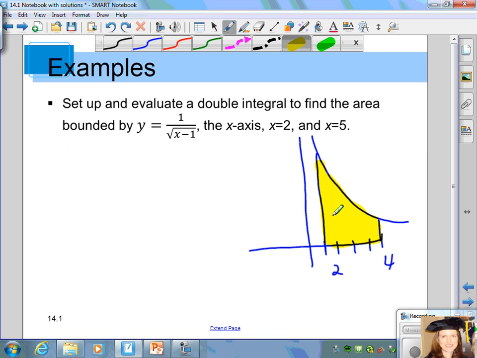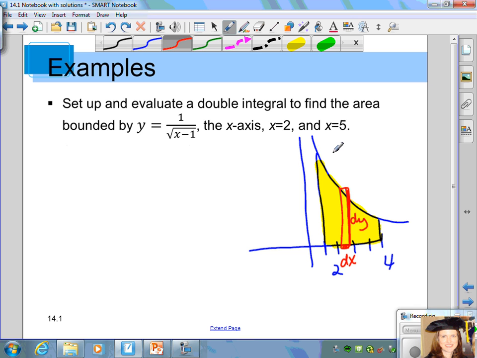So the line x equals 2, the line x equals 5, the x-axis and that curve bound this region here. Now this region is vertically simple, so I'm going to draw a vertical rectangle on that region. When you look at the dimensions of this little rectangle, the long side here is going to be our dy, and that little change in this direction is our dx.